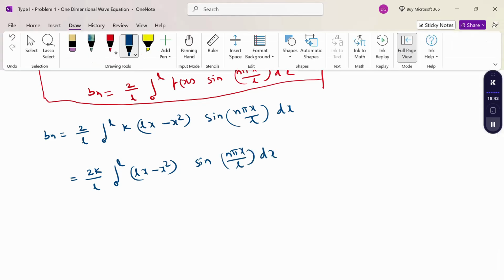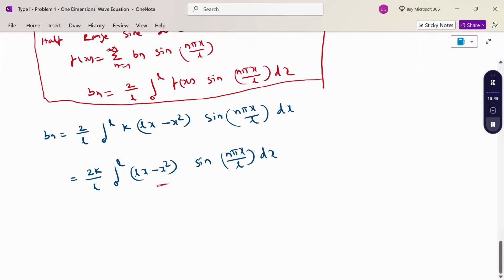Now consider this term u, this term v. So integral uv dx. Generally we are familiar with the integration formula: integral u dv equals uv minus integral v du.